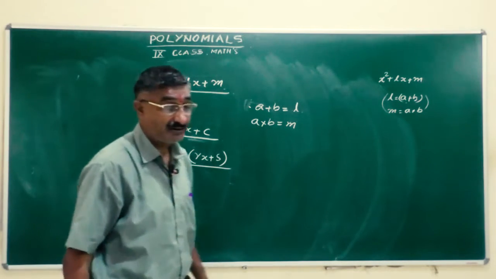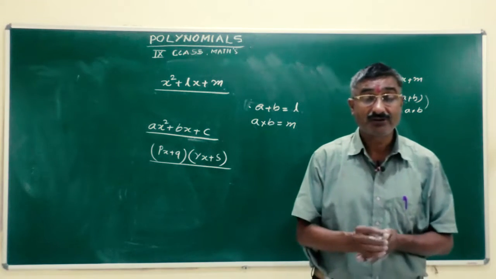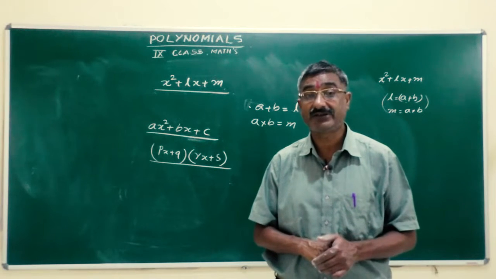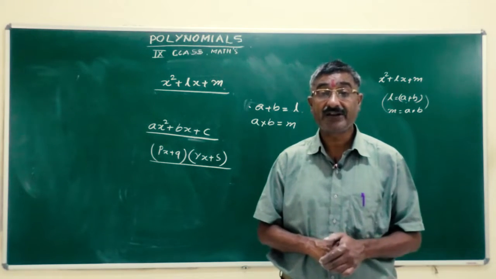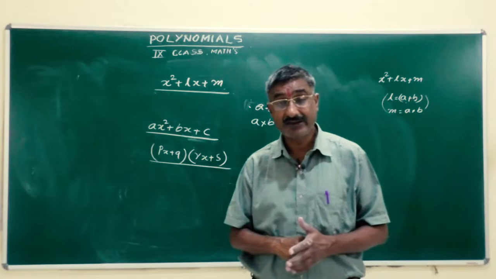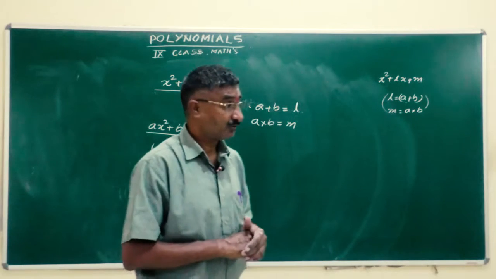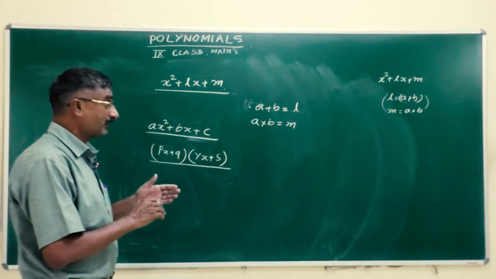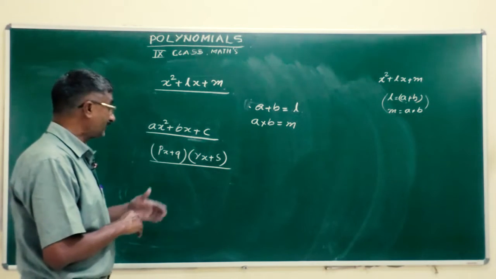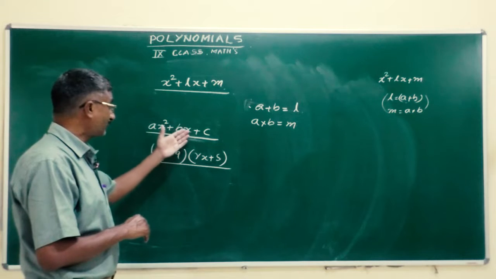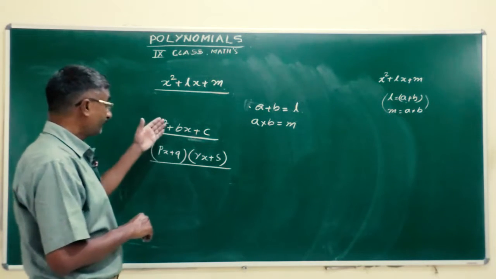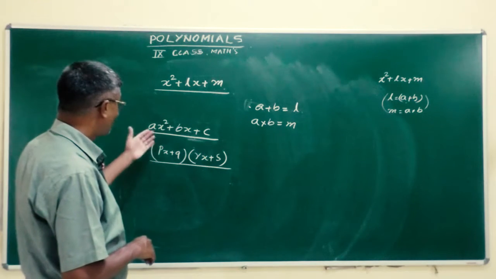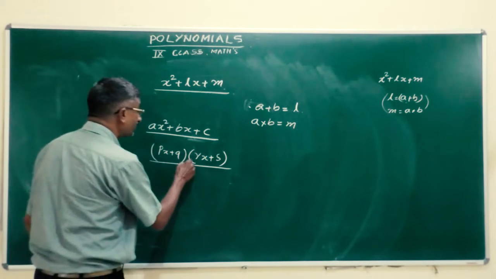Means what we are doing, we are trying to find out the factorization of the quadratic equation by splitting the middle term. So how can we get the values? By splitting it. By practice you will get it, there is no problem, but what is the principle behind it is that ax square plus bx plus c. So how can we find the middle term, and what is that? So we will solve this one.